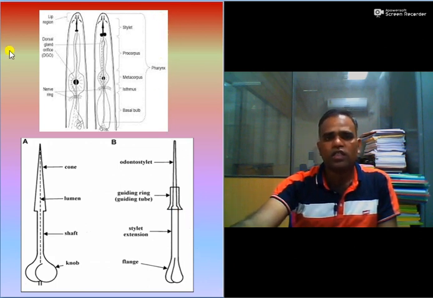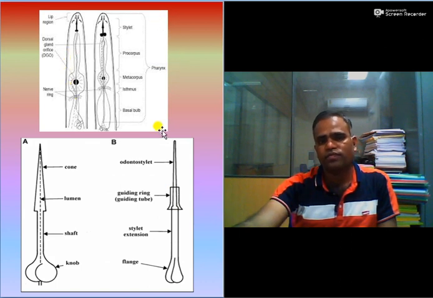So this is all about the esophagus, or we may call it pharynx. So in pharynx or esophagus, there is first part called procorpus, which is followed by the median bulb, a bulb-like circular structure, called metacorpus.